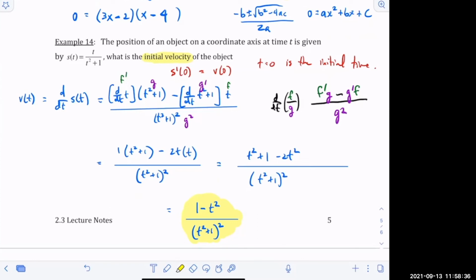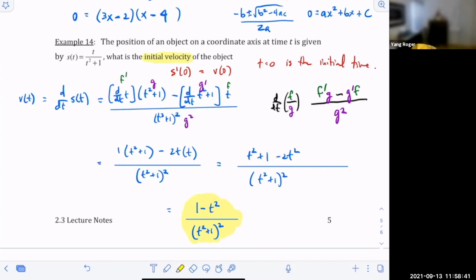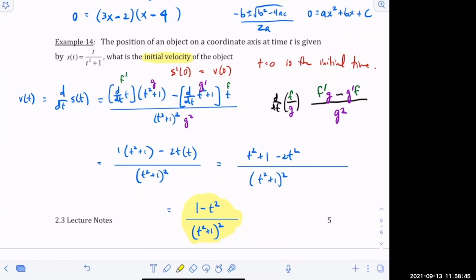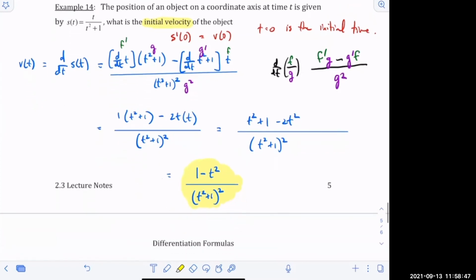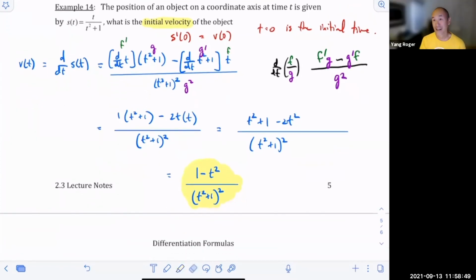Professor, are we supposed to plug in the 0? Oh, thank you. I totally forgot what we were doing here. For sure, for sure. I've got 2 minutes. Okay.